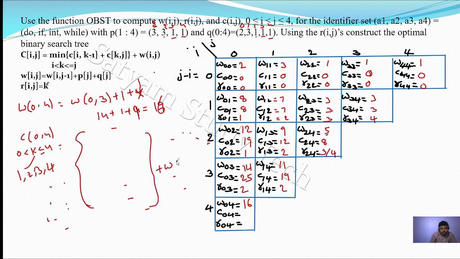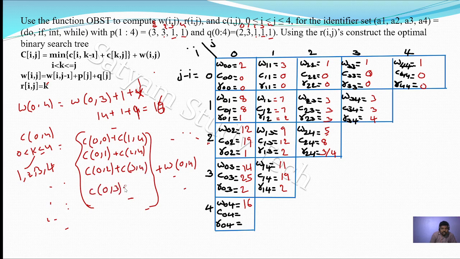Plus W of 0,4. First I consider the k value 1: C of i, k minus 1, that is C of 0,0, plus C of k, j, that is C of 1,4. Then k value 2: C of 0,1 plus C of 2,4. Then k value 3: C of 0,2 plus C of 3,4. Then k value 4: C of 0,3 plus C of 4,4.